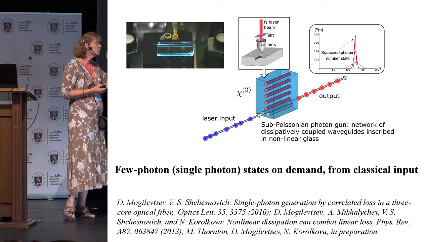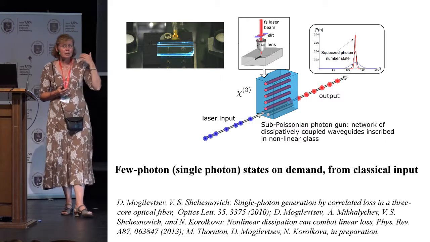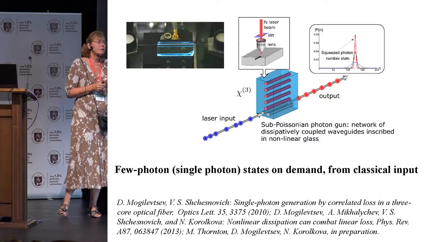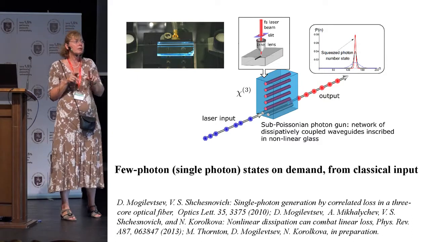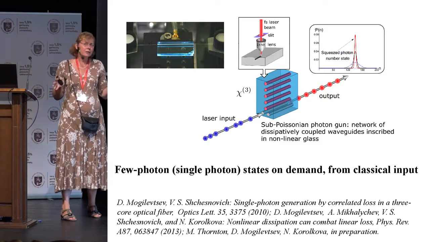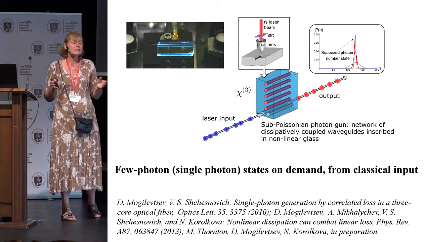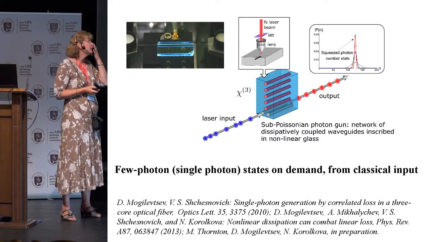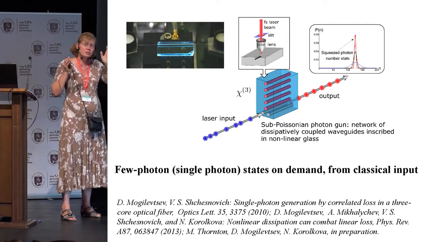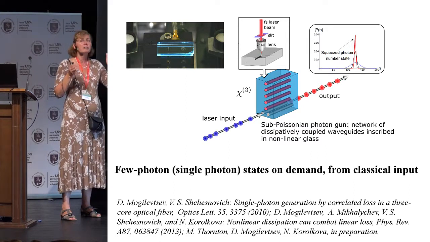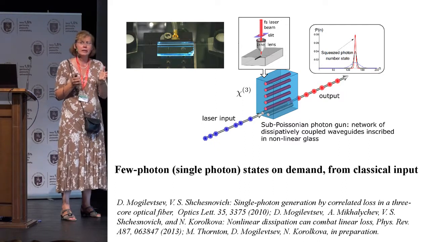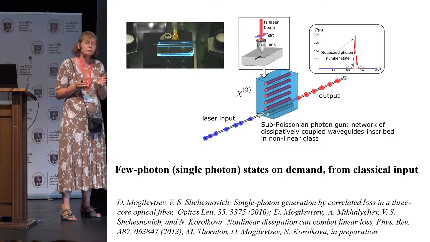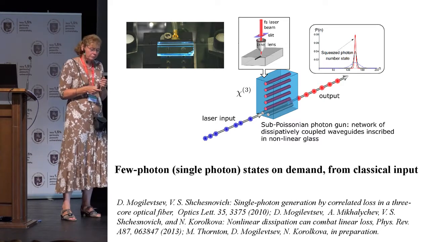A lot of groups still work with just attenuated coherent light if they want to have quasi-single photons. But in all these experiments, these multi-photon components, which are inevitably there due to Poissonian statistics, are very harmful. So what we are after here is to get something which is really cheap and straightforward. I want to have classical input, just coherent light, and I want to get a quasi single photon as the output deterministically.